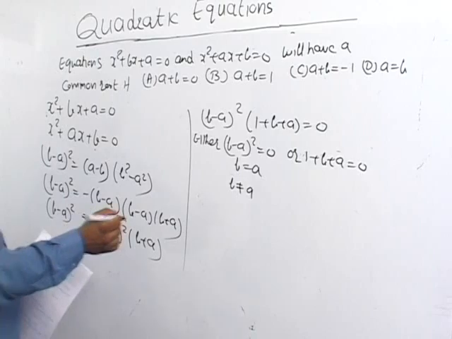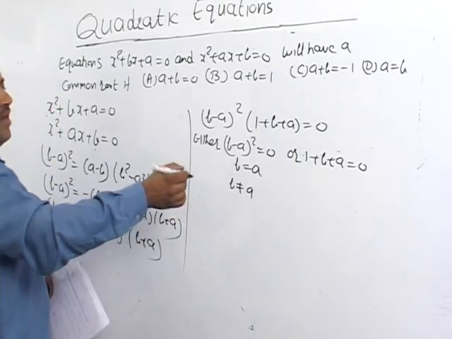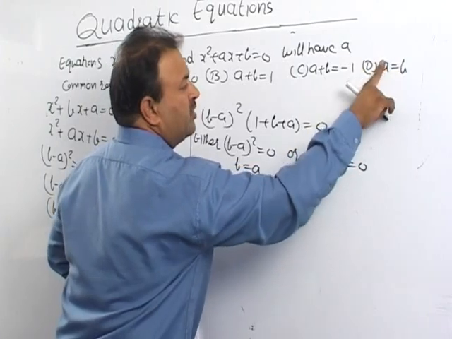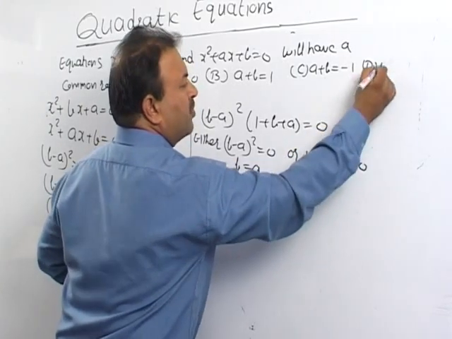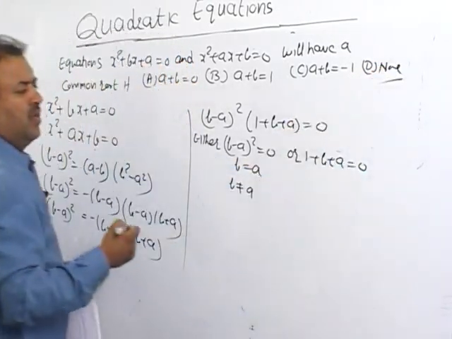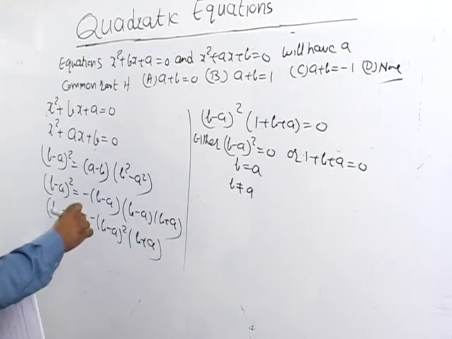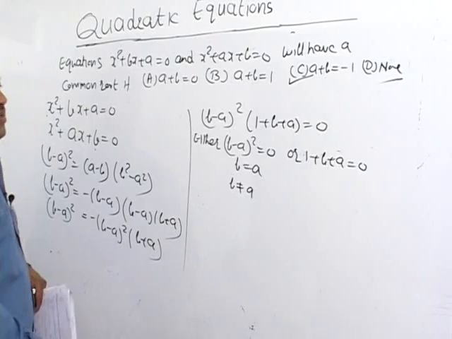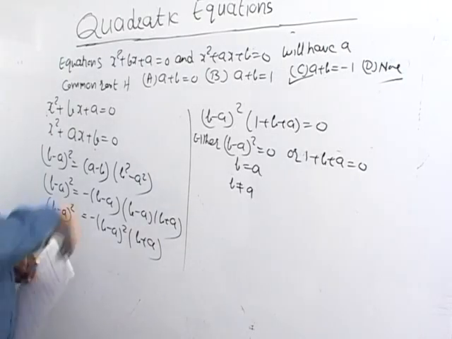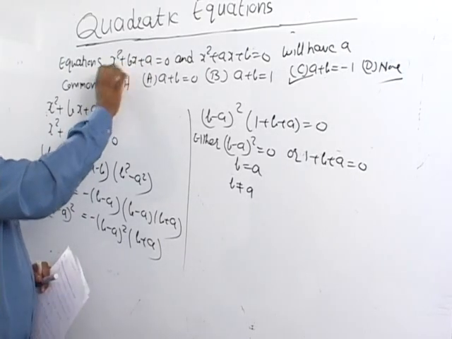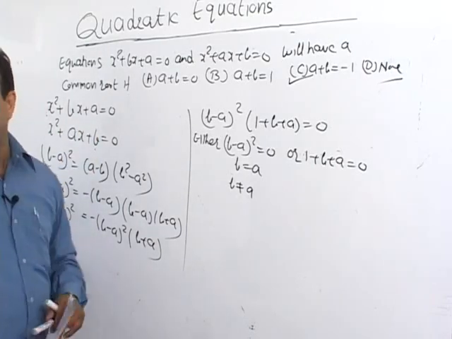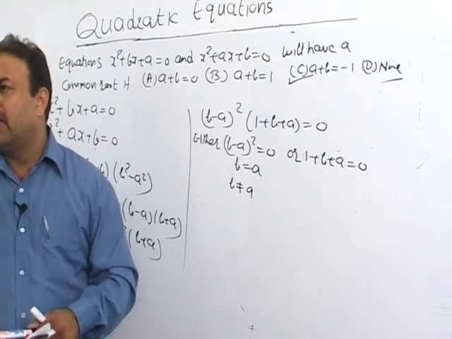See, the thing is, here we should be given the option a is equal to b, it should be rather none of these. And so the only option we have been left out is a plus b is equal to minus 1. Since if a will be equal to b, then we find out only one equation will have been left out, but obviously a can't be equal to b.